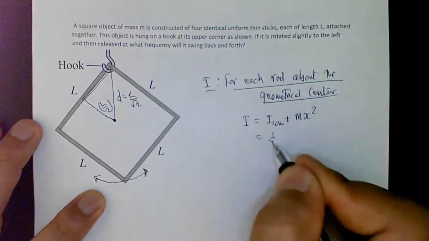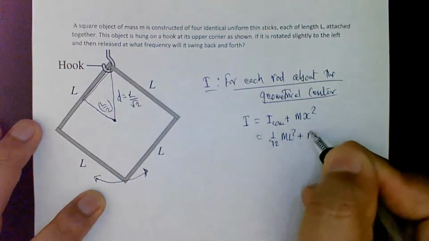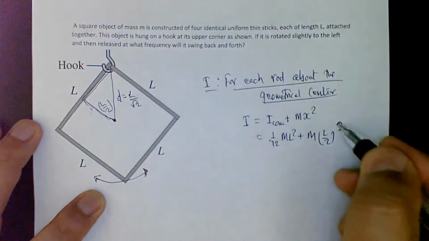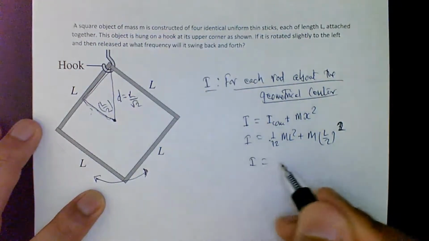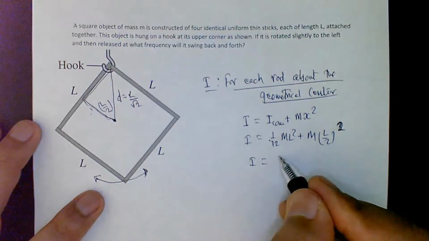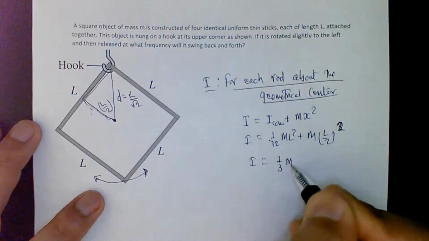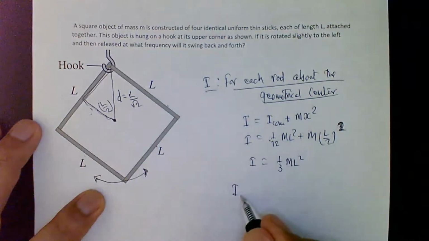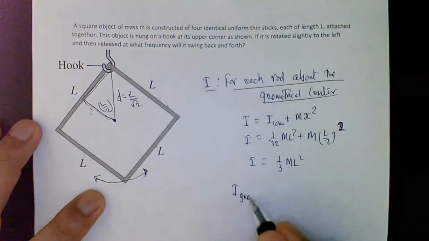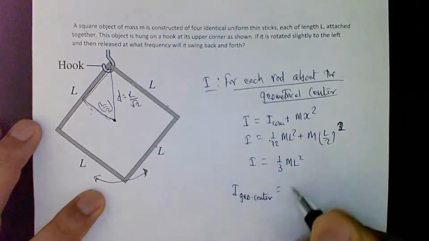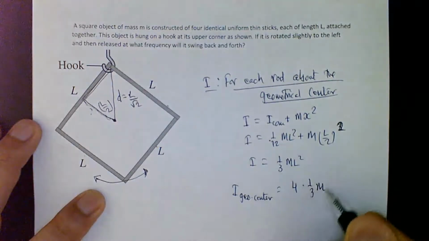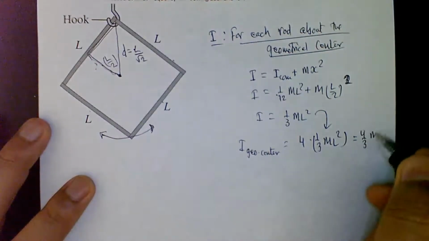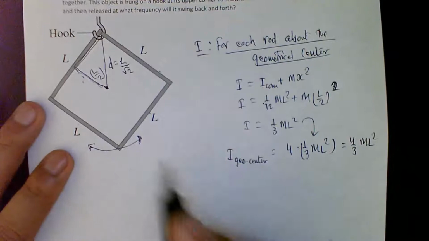So this is 1/12 ml square plus x, which is half of the length, squared, and that's going to give you 1/3 of ml square. But since there are 4 identical rods, the total moment of inertia about the geometrical center is 4 times this, 1/3 ml square, so it's 4/3 ml square. So that's the total moment of inertia about the geometrical center.